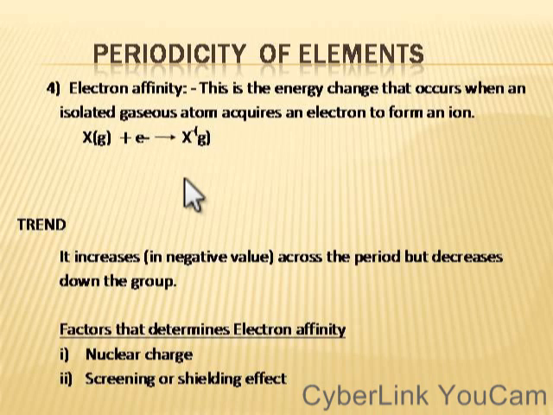So the electron affinity increases across the period due to the decrease in atomic size. Please, sorry for that mistake. Now it decreases down the group. The reason is this shielding effect, because the atomic size increases due to the increase in the number of shells.